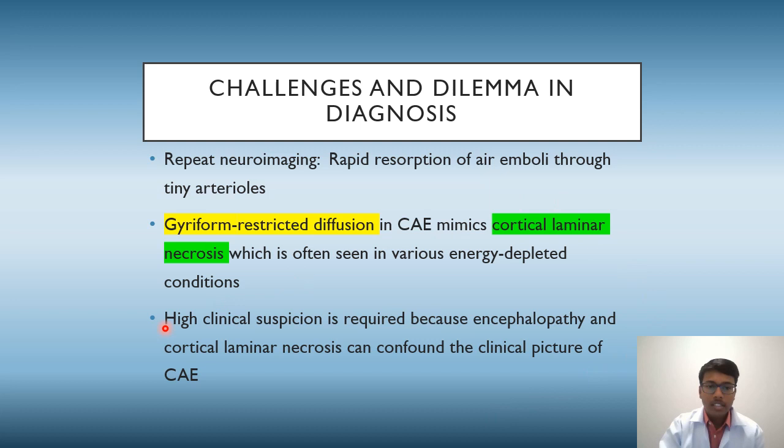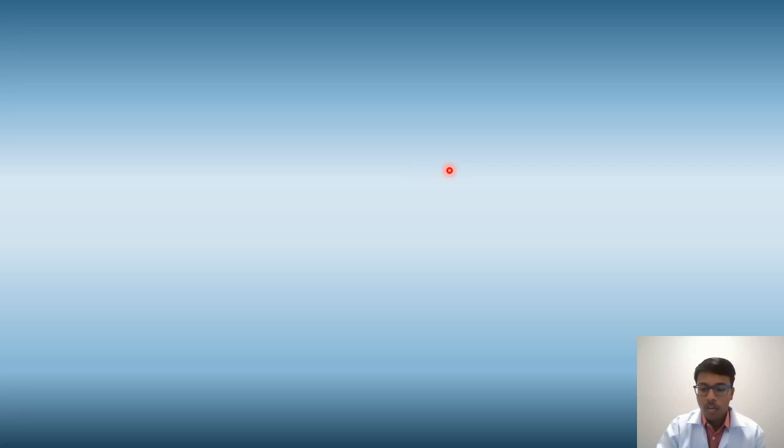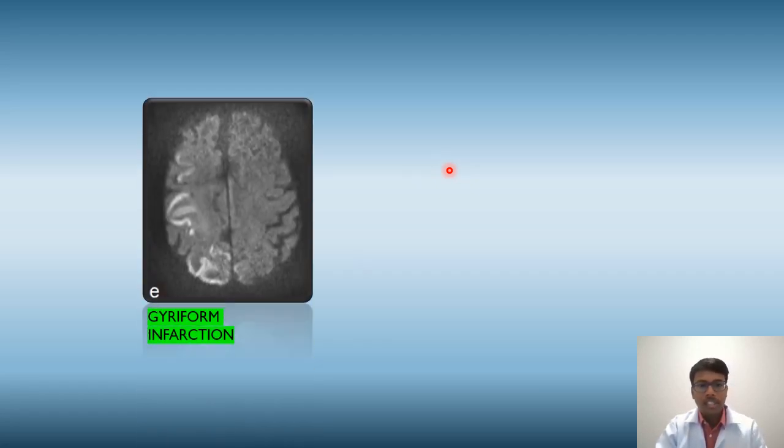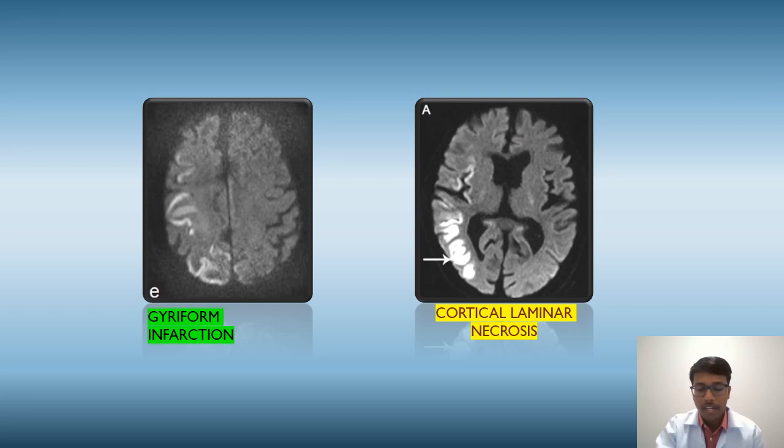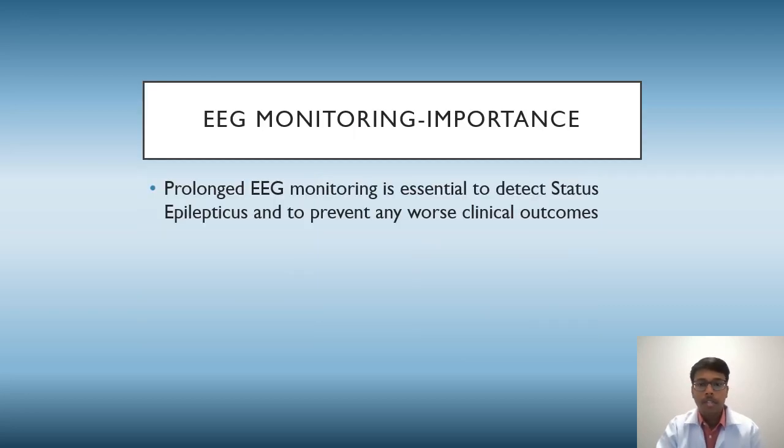So, for this, high clinical suspicion is required because encephalopathy and cortical laminar necrosis can confound the clinical picture of cerebral air embolism. Here we can see an example. This is a DW imaging of a gyriform infarction caused by the cerebral air embolism, and this is a diffusion-weighted imaging of a cortical laminar necrosis. See how these two can pose a diagnostic dilemma.